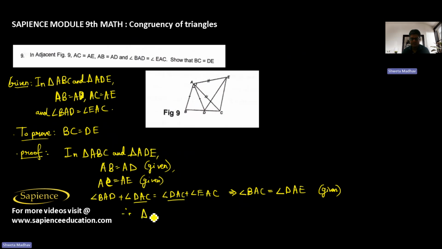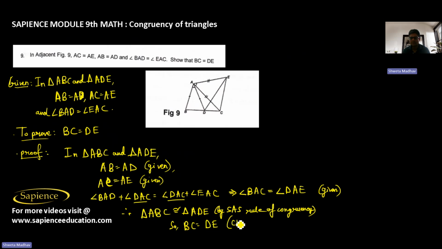So therefore you can say triangle ABC is congruent to triangle ADE by SAS rule, the side angle side rule of congruency. And hence we can say that BC will be equal to DE by CPCT. So hence proved.